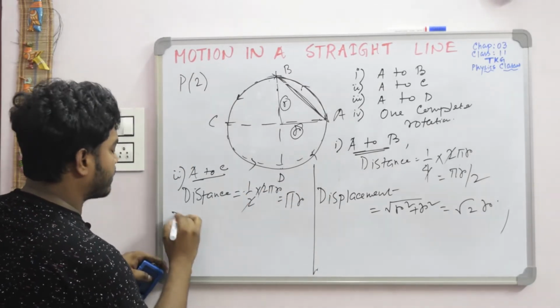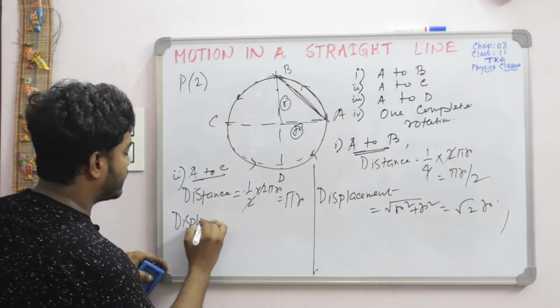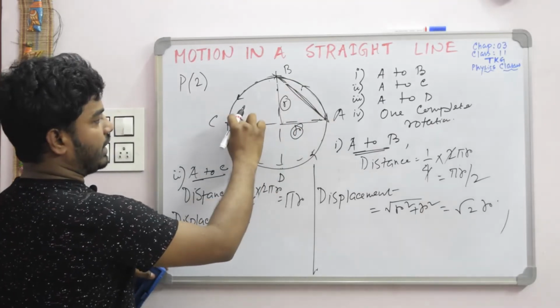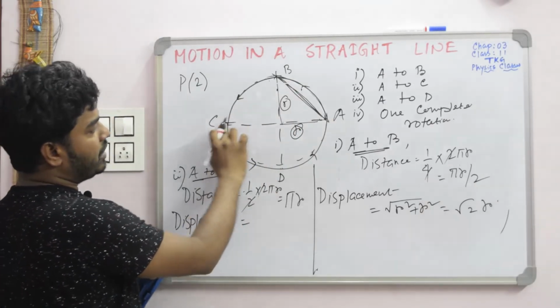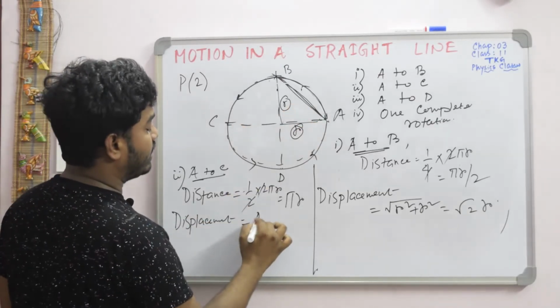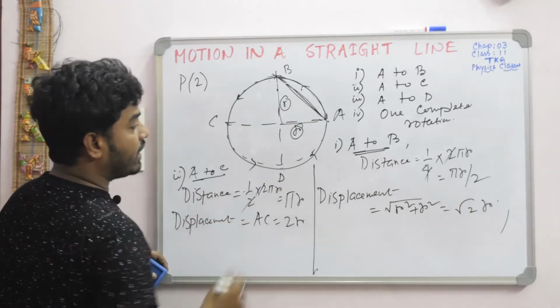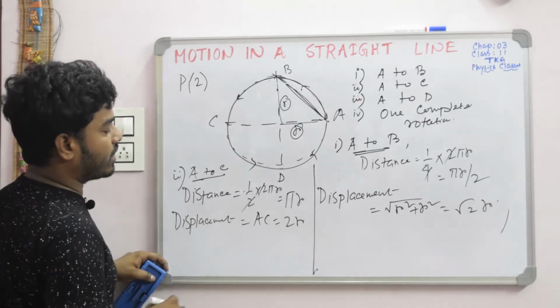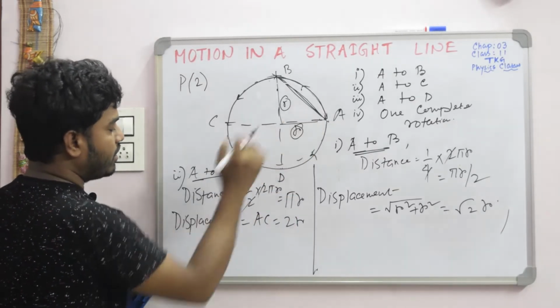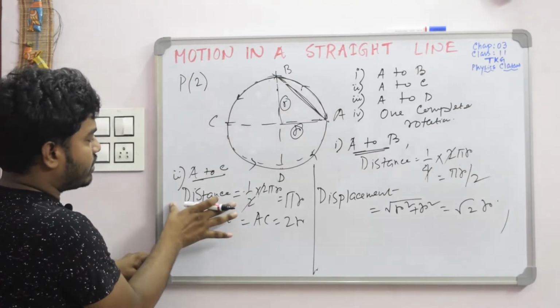Now displacement, A to C, shortest path. This is the initial point, this is the final point, the shortest path is AC, and AC means the diameter of this circle, that is 2r. r is the radius. So this is the second case.